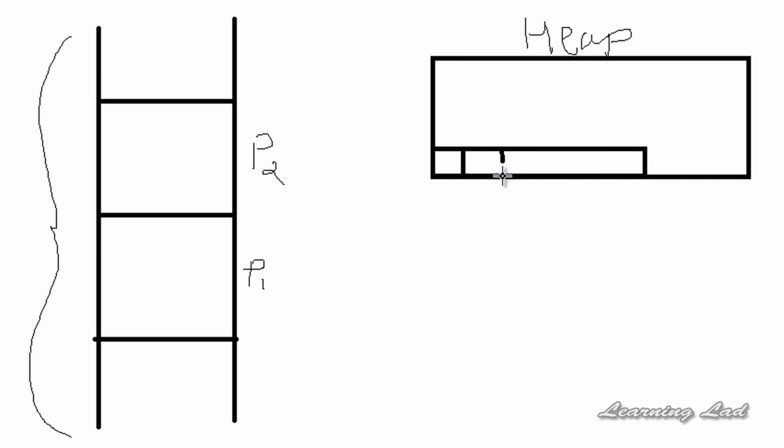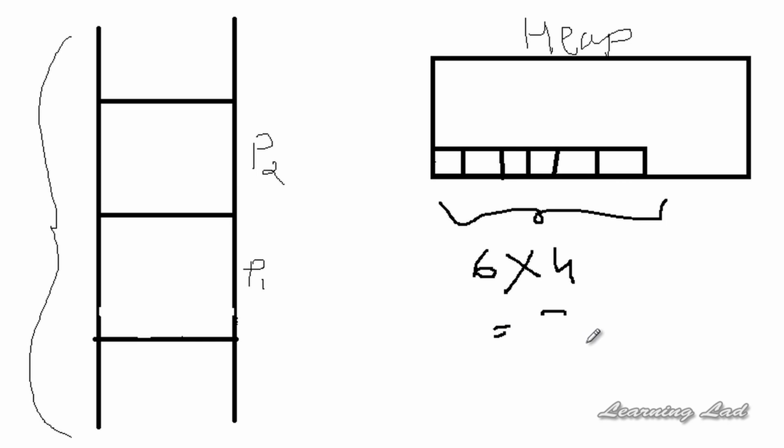So each block is of 4 bytes, and it's going to be 6 blocks, that's why it's going to be 6 into 4, which is equal to 24 bytes. The calloc function is going to allocate 6 blocks each of 4 bytes, and it's going to initialize all these bytes to 0, so that every block will contain a value of 0.